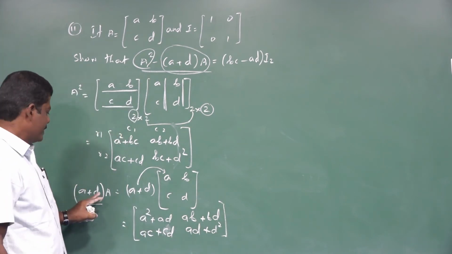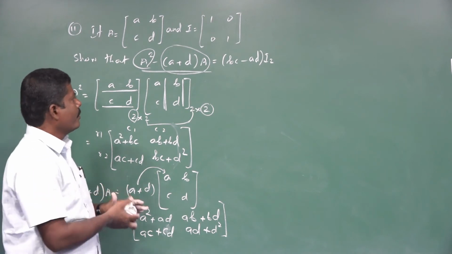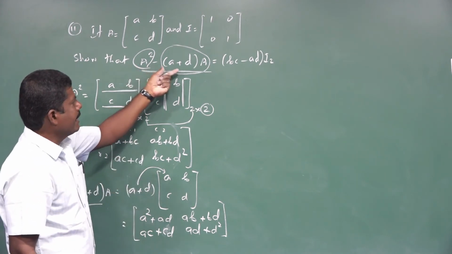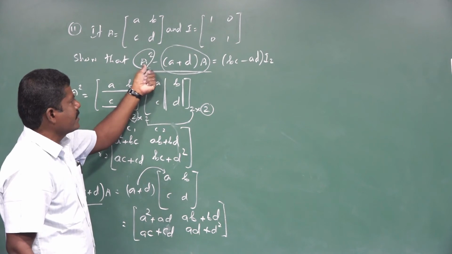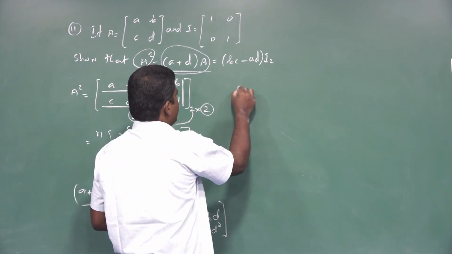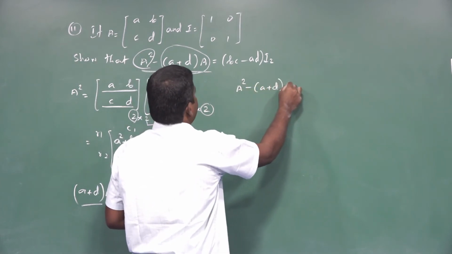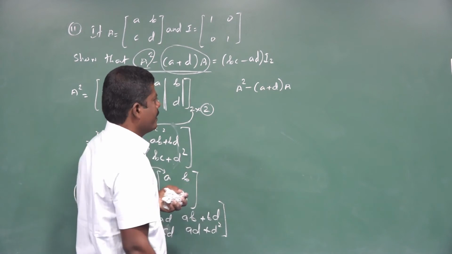Understand? This is (A plus D) into matrix A. Now you want to subtract it from A square. You want to calculate A square minus (A plus D) into A.